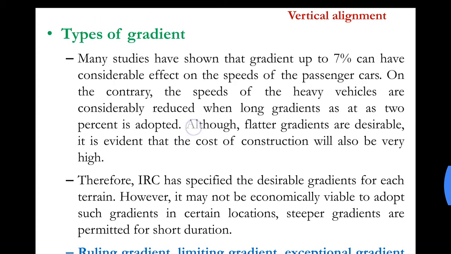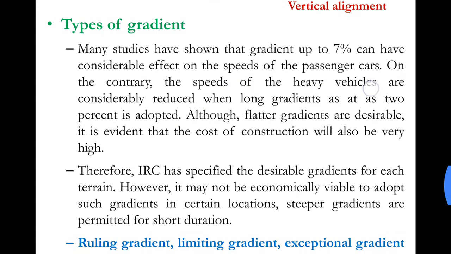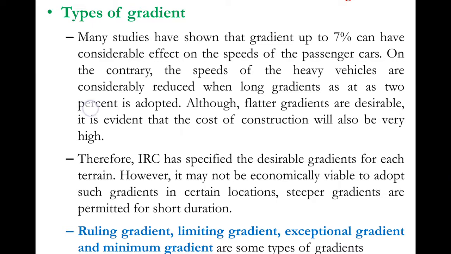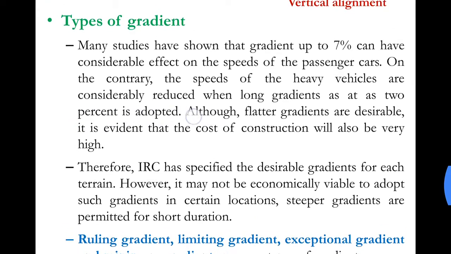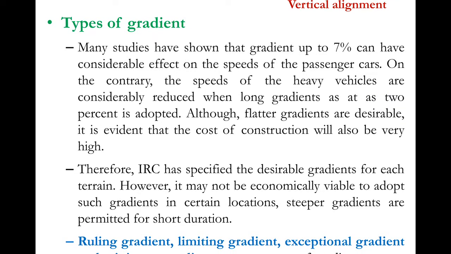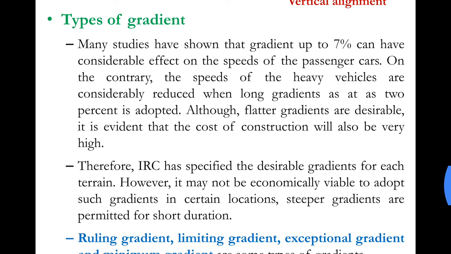So the speeds of heavy vehicles are reduced when we provide longer gradients. The longer gradients would mean a gentler slope, a gentle slope of 2%. So at this value, the speeds of heavy vehicles are considerably reduced.